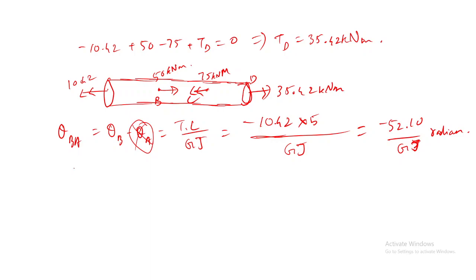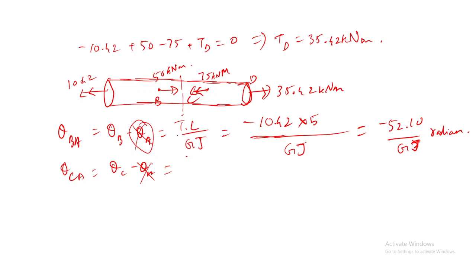Now what I am finding is the angle of twist of CA, which is theta C minus theta A. Here theta A equals 0 since it's a fixed end. So theta C equals the total net torque acting in section C, that we have to find out.